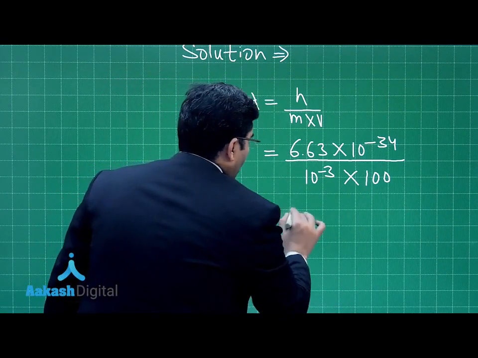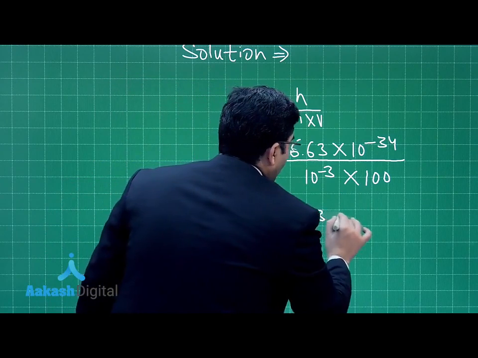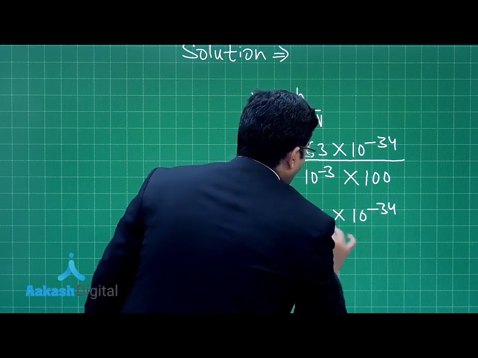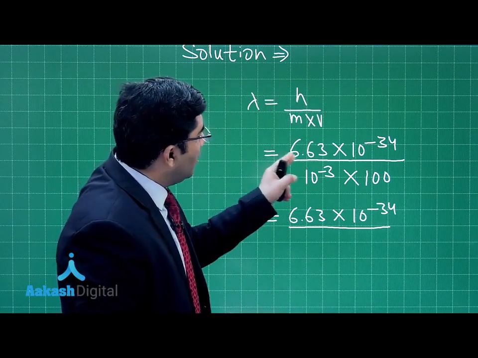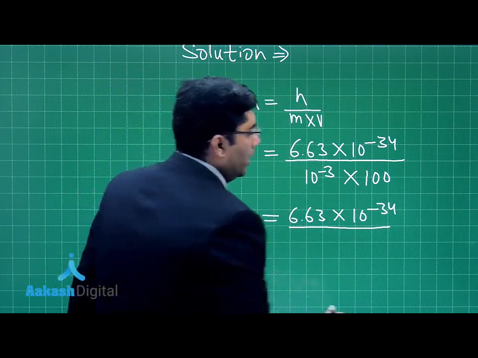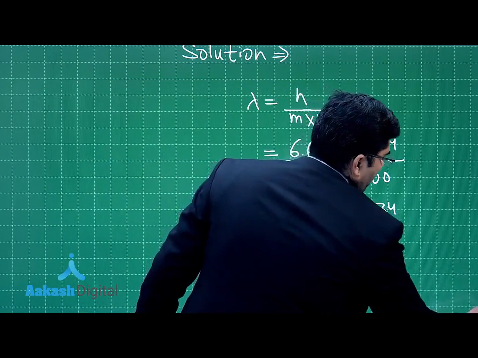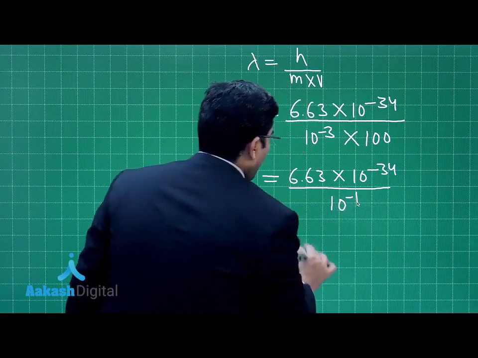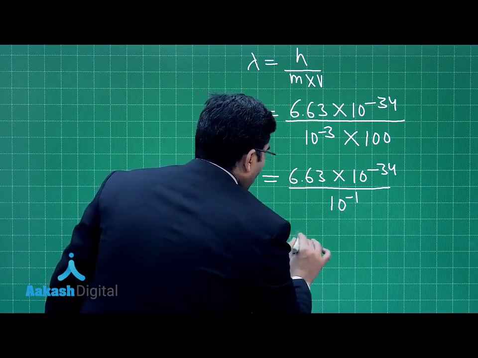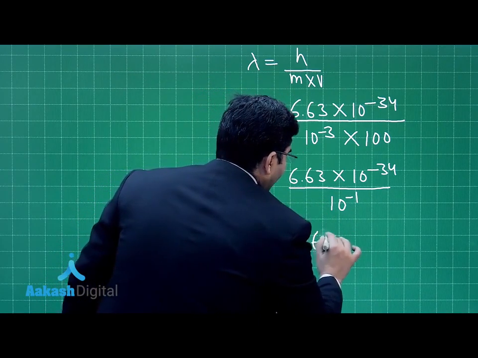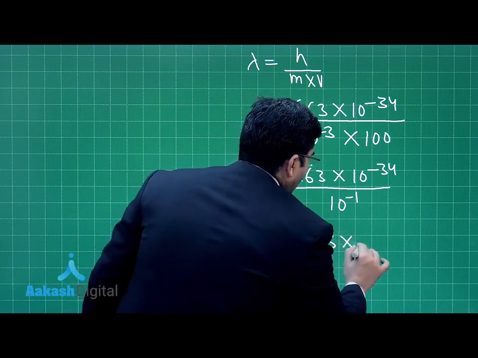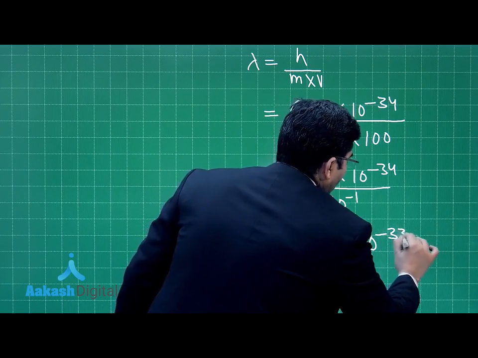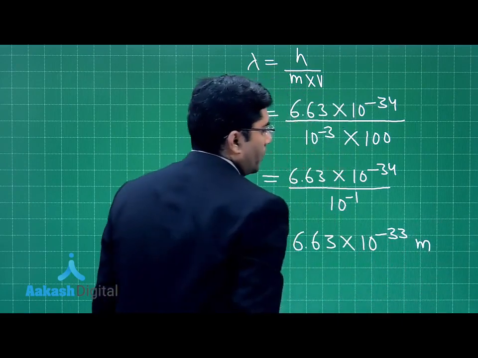Now 6.63 into 10 to the power minus 34 divided by, now 10 to the minus 3 multiplied by 100 will be equal to 10 to the power minus 1. So it will be 10 to the power minus 1, and our answer will be 6.63 into 10 to the power minus 33 meters, right?